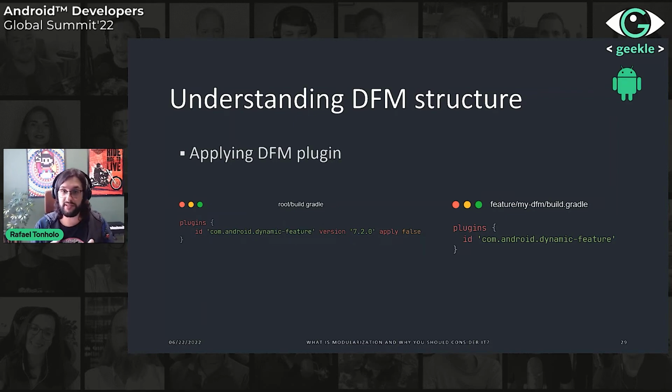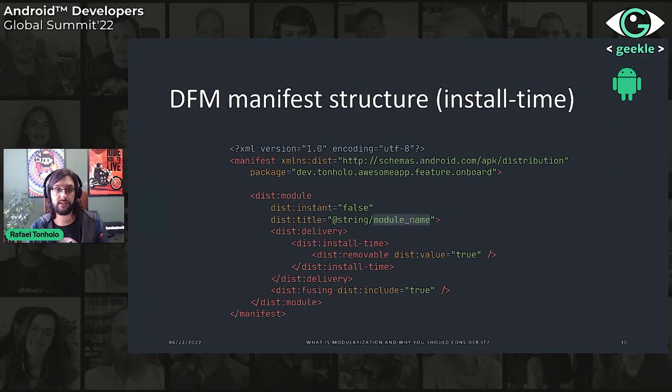Another important difference between an Android library and the DFM is how to set up the manifest. This is how the manifest of a DFM that is installed during install time looks like. Here we need to use a new namespace called dist from apk-distribution that explains how the DFM is being installed.